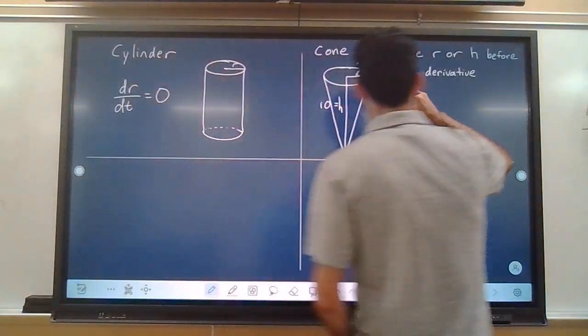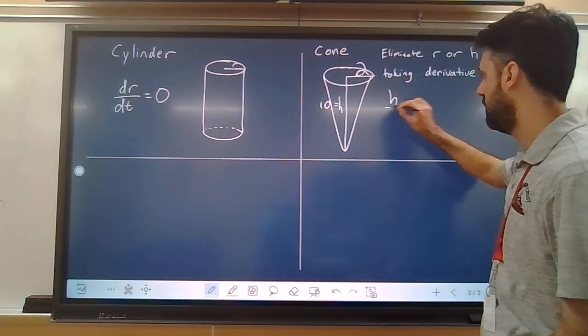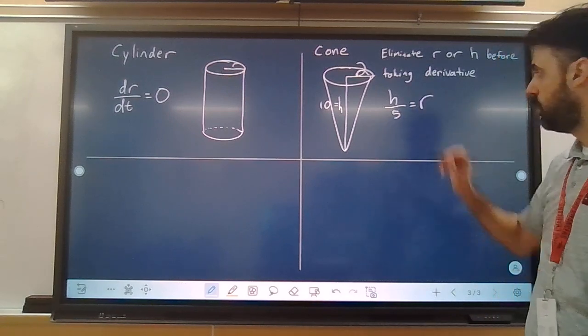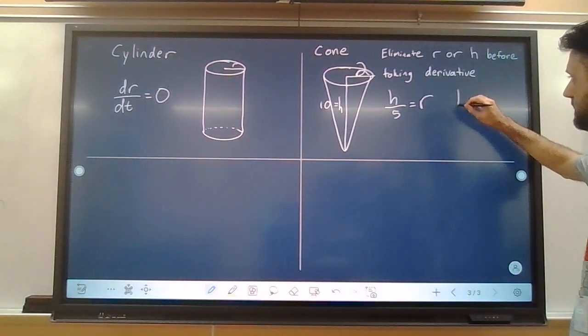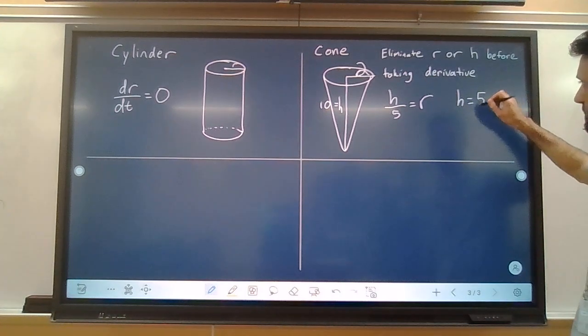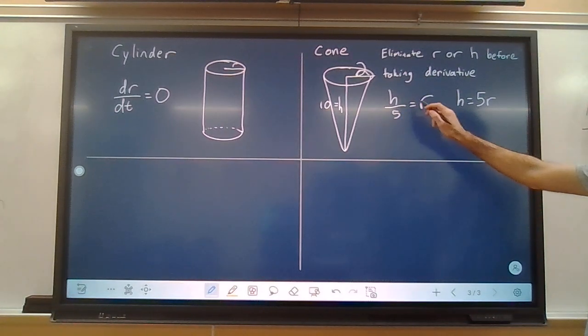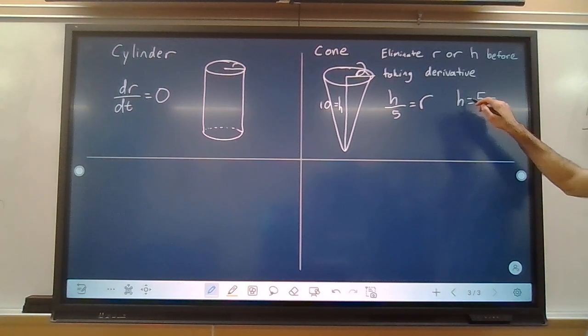I could write that the height divided by 5 gives us the radius. Or I could write that the height is equal to the radius times 5. This is the equation I would write if I wanted to get rid of r, and this is the equation I would write if I wanted to get rid of h.